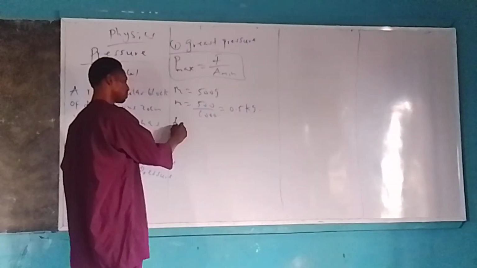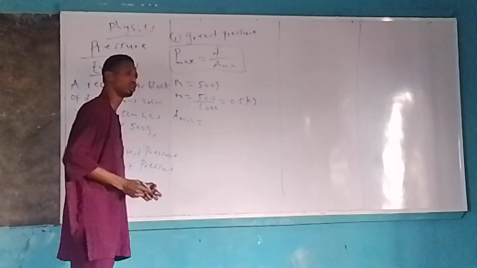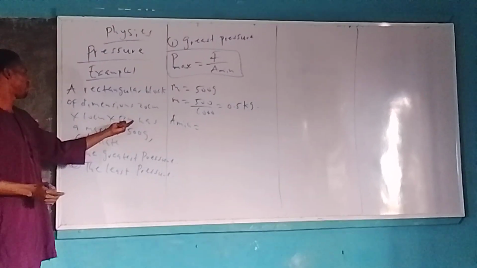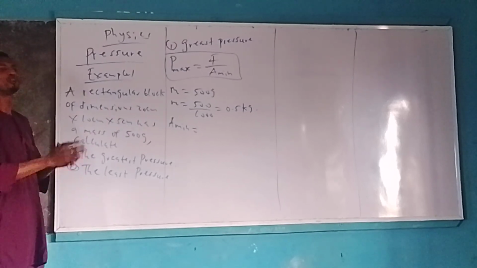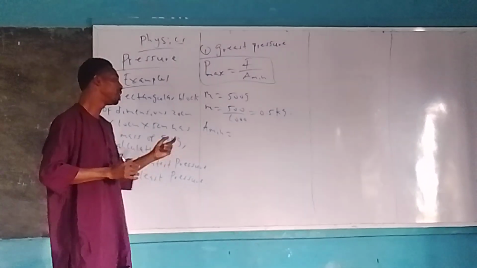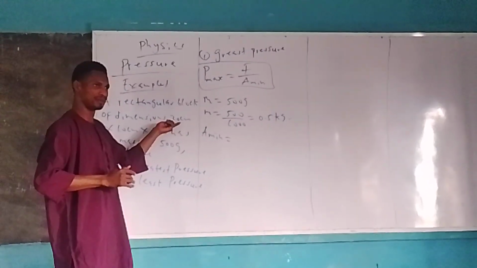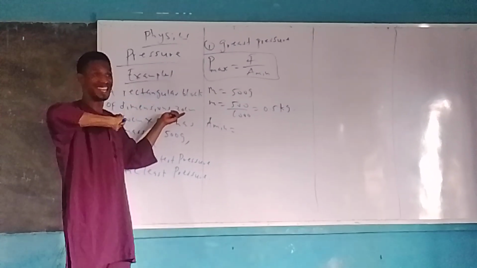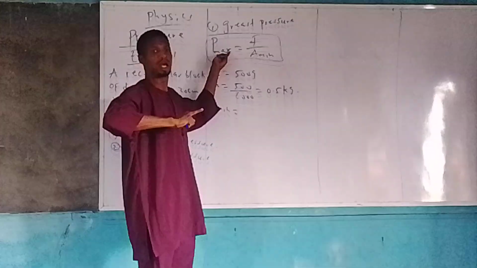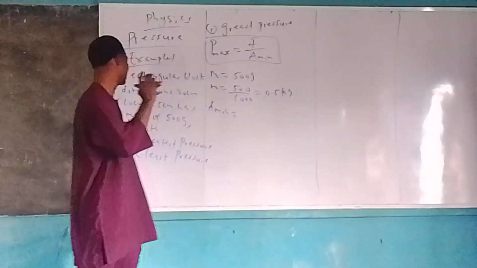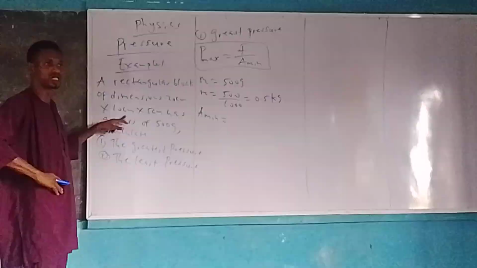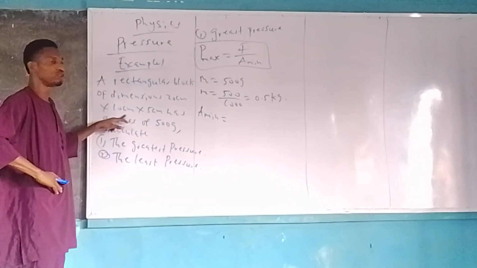Please take notes. We have 3 sides: 10, 5, and 20. To get the area, pick 2 lengths that will give us the smallest area, which gives maximum pressure. Let's check. 20 times 10 gives 200.